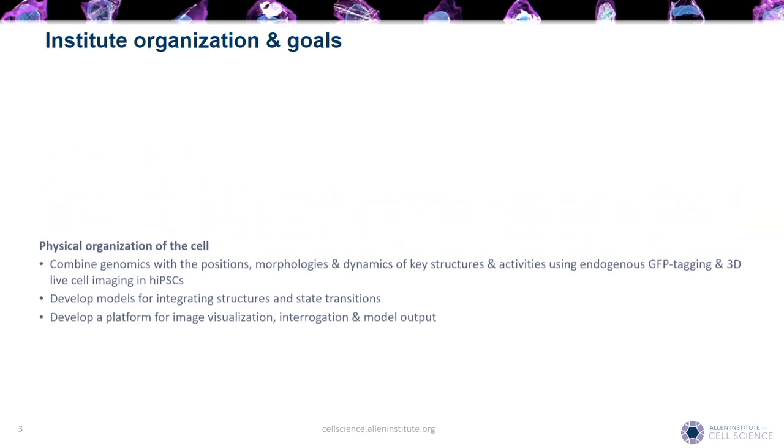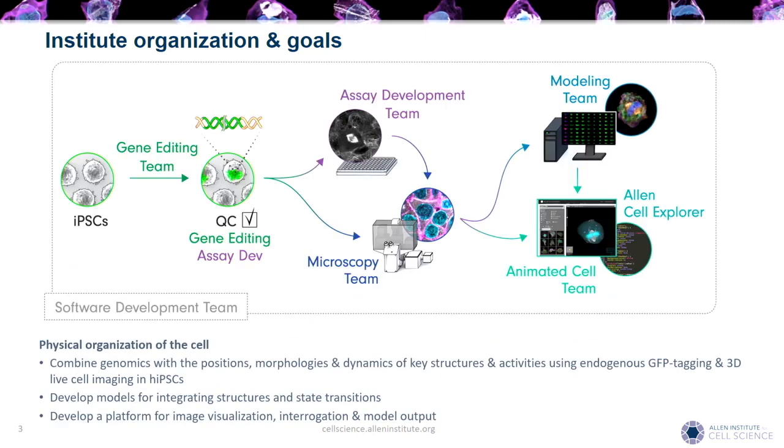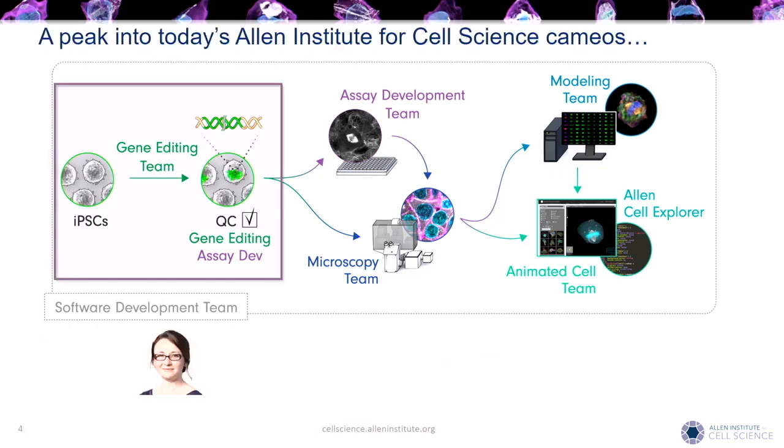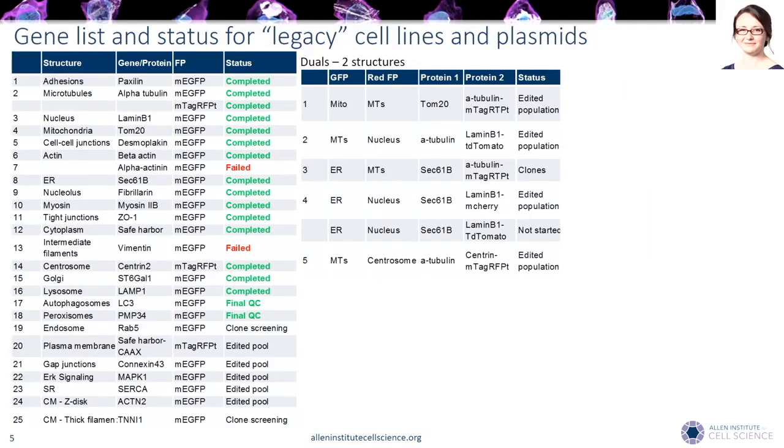How do we do this? So we have a multi-team approach here. We have 6 very specialized teams, all working together within a common goal. And to talk about the first team here, the gene editing team, we'll have Amanda today. She will come and talk to us about our legacy cell lines and plasmids.